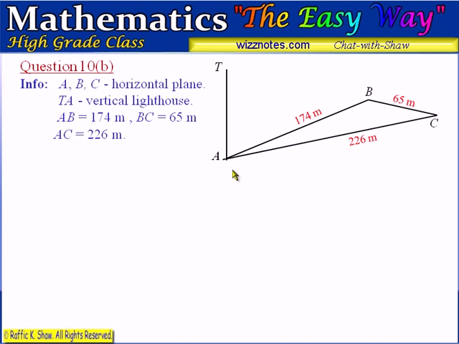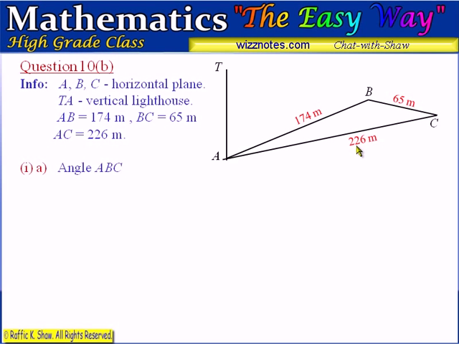It does not look like 90 degrees on this diagram because this is a three-dimensional diagram on a two-dimensional surface. We're also told that the distance AB is 174 meters as shown here, BC is 65 meters shown here as well, and AC is 226 meters.